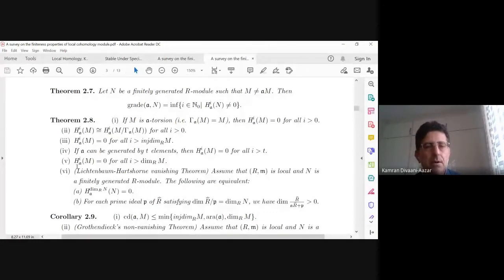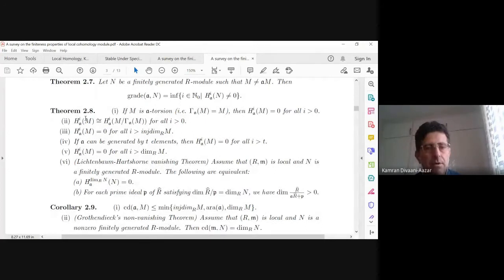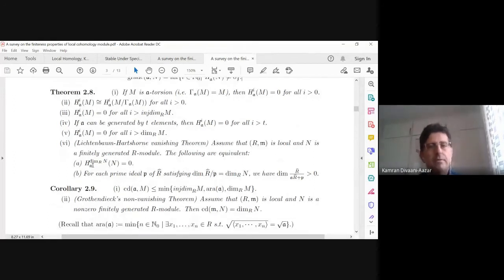The fifth part says that the ith local cohomology of M with respect to A is 0 for i greater than the dimension of M. So these parts deal with vanishing, and now we have two parts dealing with non-vanishing. The first one is the Lichtenbaum-Hartshorne vanishing theorem.